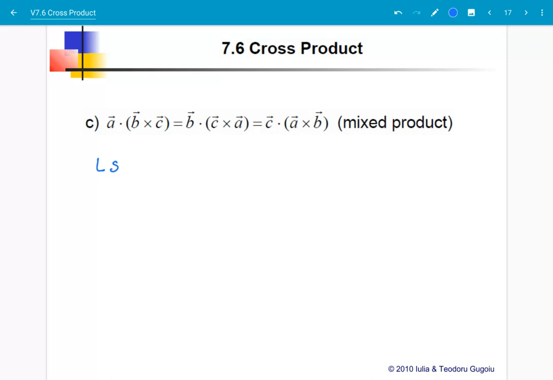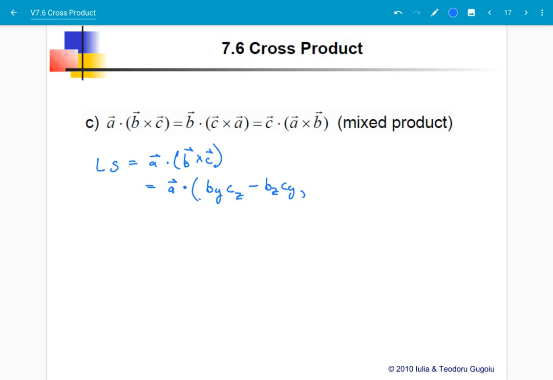We'll start with the left side. A dotted with B cross C. Okay, so we'll use the definition. So it's A dotted with, what's B cross C? Well, we'll use the components, okay? So this is BY CZ minus BZ CY plus, that's the X component.